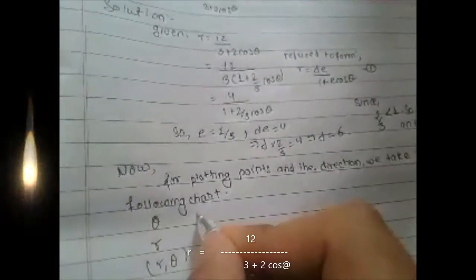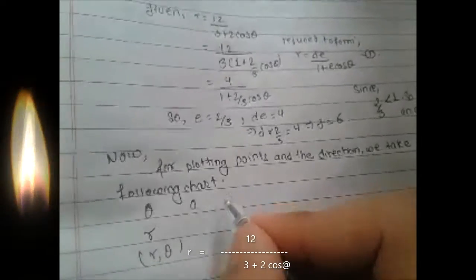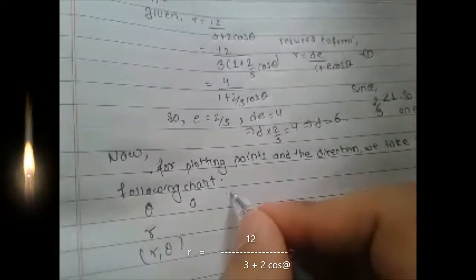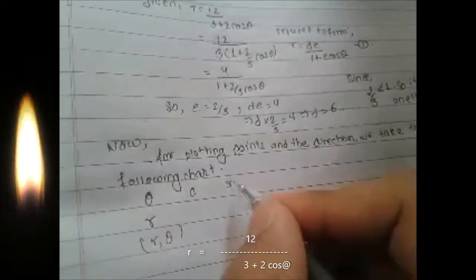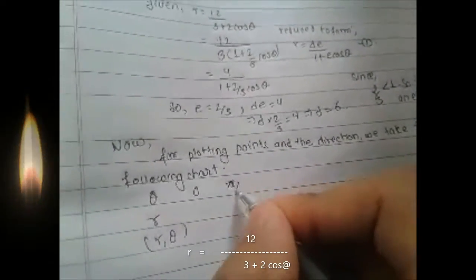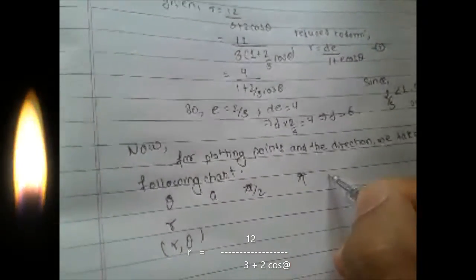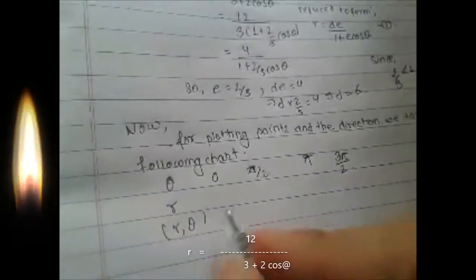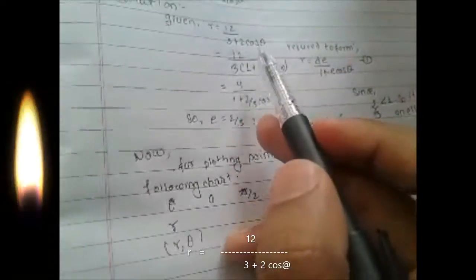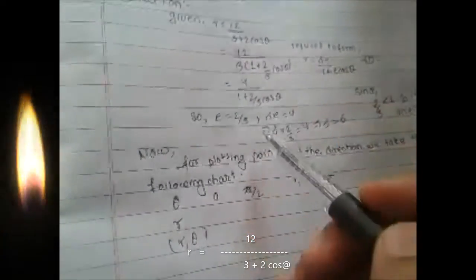When theta is 0, pi by 2, pi and 3 pi by 2, we put here values of theta and we get the result.